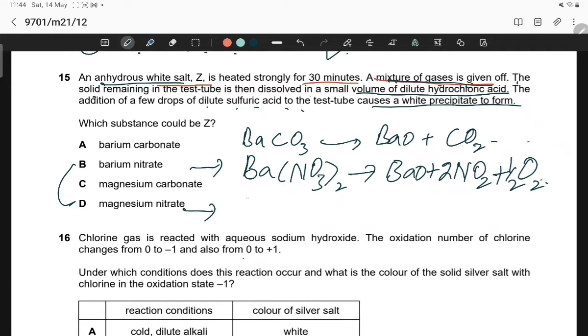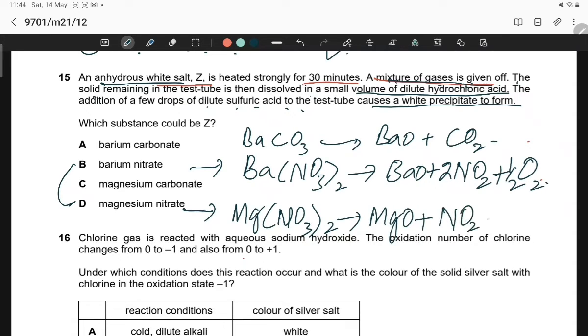Magnesium nitrate also gives a mixture of gases: MgO plus NO2 plus O2.